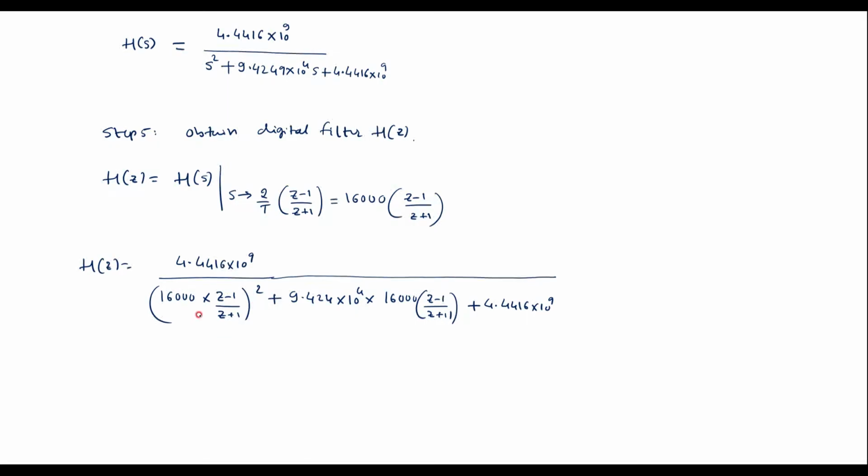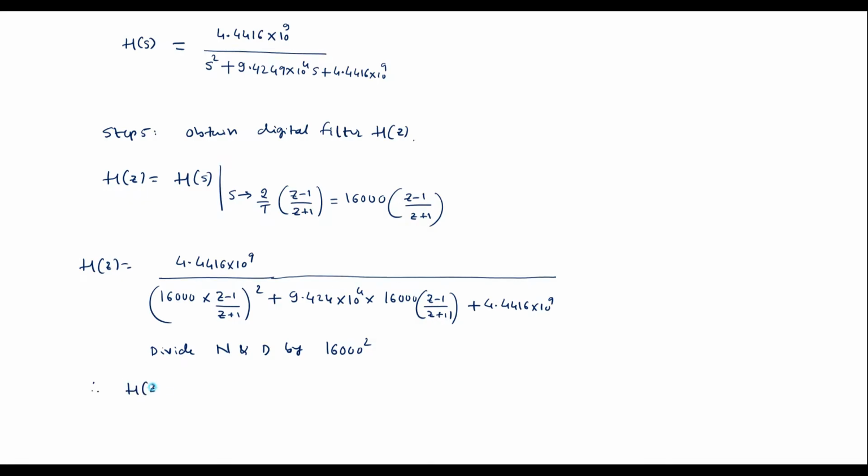So for easy simplification, I will divide numerator and denominator by 16,000 square.